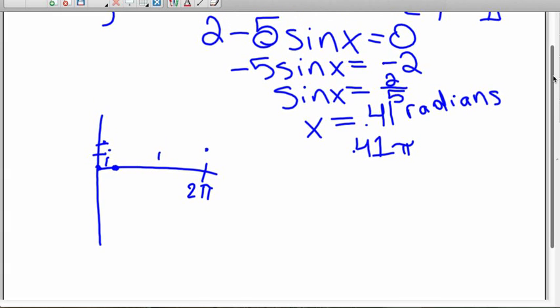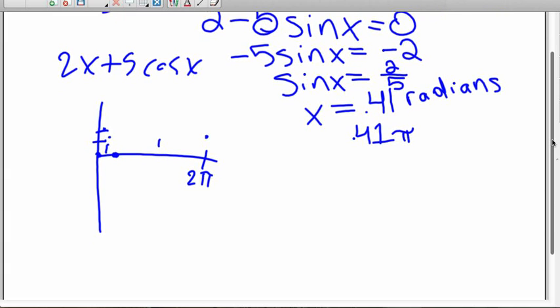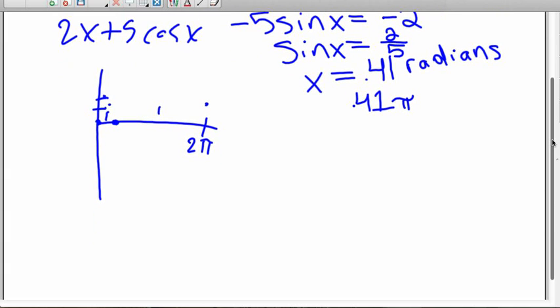The original was 2x plus 5 cosine x. So x is 0, that's going to be 2, cosine is 1. So 5, which is up here. 0.41.